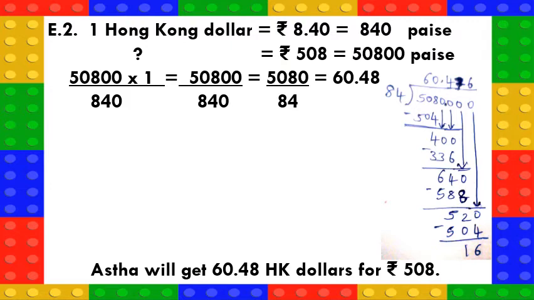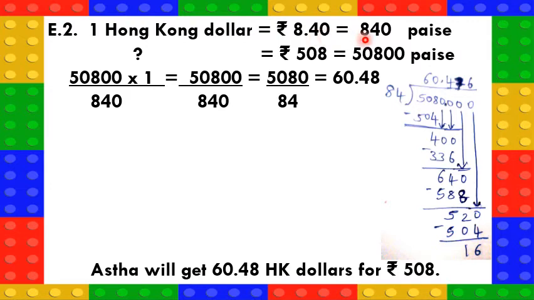Second one, how many Hong Kong dollars can Astha change for rupees 508? Answer from the chart of Shivam Bank. 1 Hong Kong dollar is rupees 8.40 in Indian rupees.